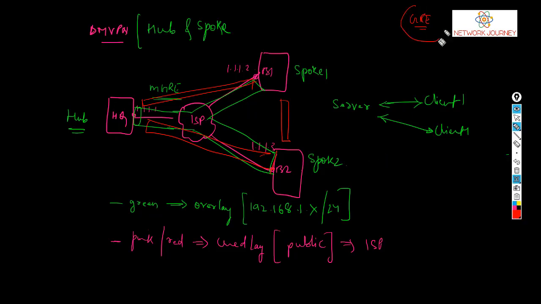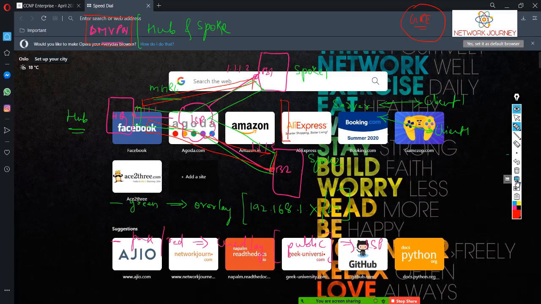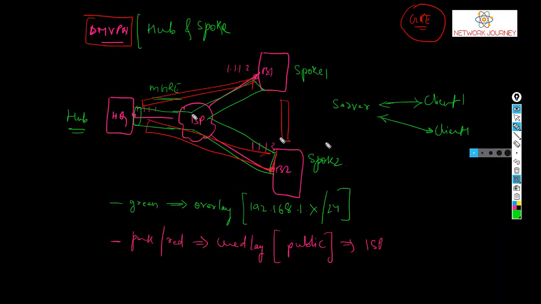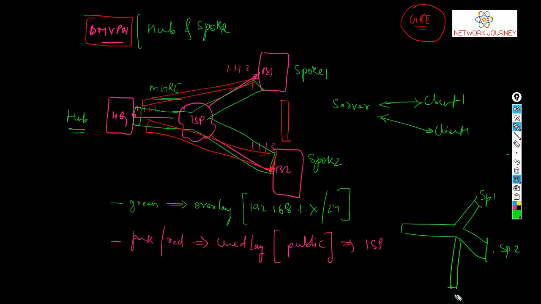So basically, the normal GRE tunnel is not advisable because of the number of GRE tunnels that we need to create. That's why we go with DMVPN. In DMVPN, we just create one instance of VPN which will be distributed to a number of spokes, spoke 1, spoke 2. I can also keep another spoke 3. So that's a benefit of DMVPN.